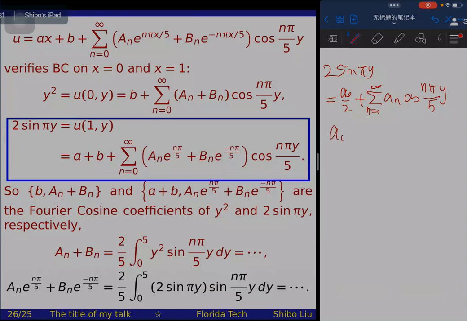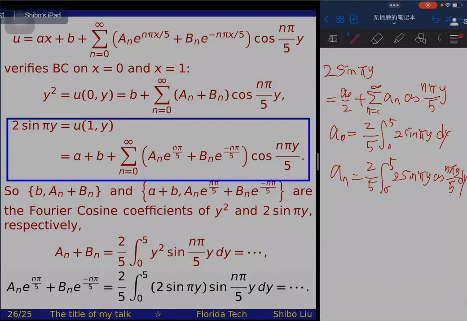And the a0 is 2 over 5 times the integral from 0 to 5 of 2 sine pi y dy. And the an is 2 over 5 times the integral from 0 to 5 of 2 sine pi y cosine n pi y over 5 dy.